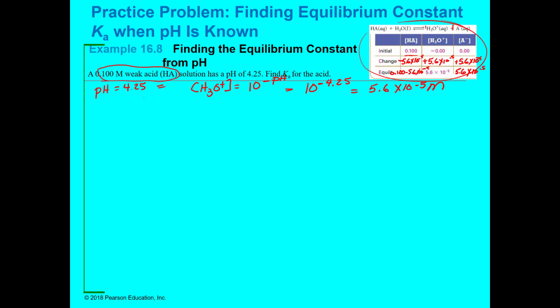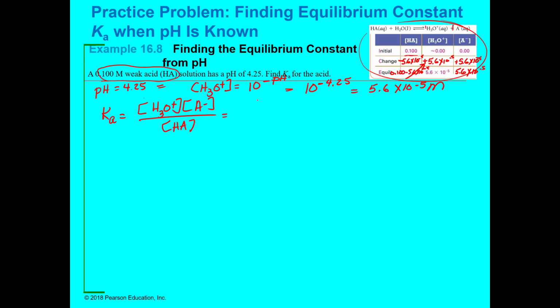And our 5.6 times 10 to the minus 5 is very small compared to 0.1. So we can use the approximation rule, I believe, if we need to. So we can ignore that minus 5.6 whatever, right? Because it's not going to change the number. So then we just plug in Ka equals H3O plus times A minus divided by the acid.